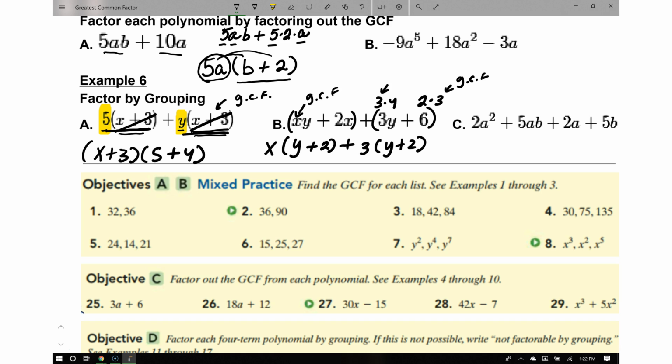If you look at the entire expression, you notice that we have y plus 2 and y plus 2. That is the common factor. That is the GCF. So we're going to factor out y plus 2, and we're left with x plus 3. And so that's how we do factoring by grouping.